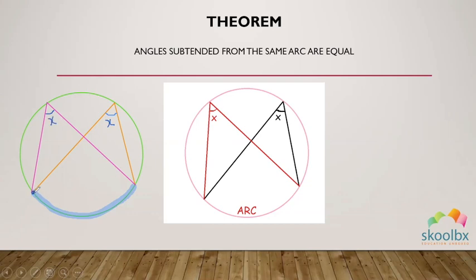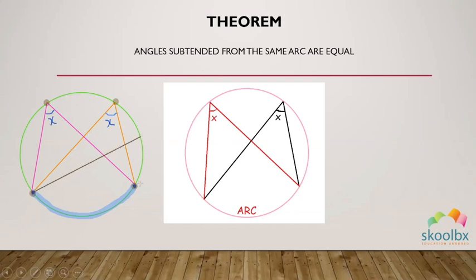If two angles are coming from the same arc, then they would be equal. If I were to draw another angle somewhere else, that would be equal as well. But as long as the base is the same, that arc has to be the same, and these two tips have to touch the circumference. So these are the things to note: the base should be the same, and they should be touching the circumference.